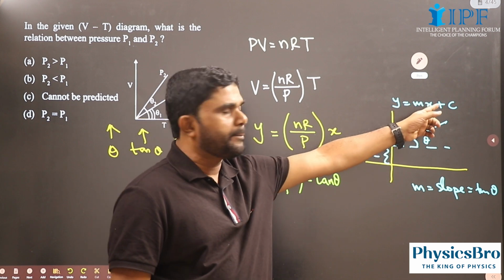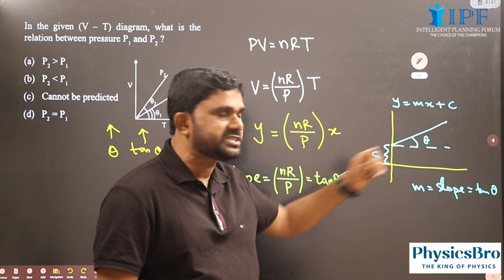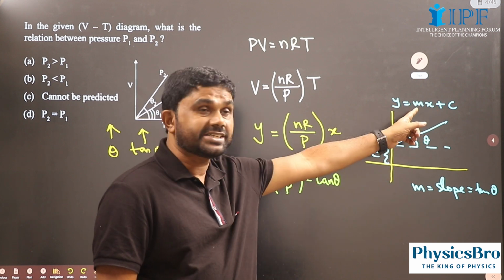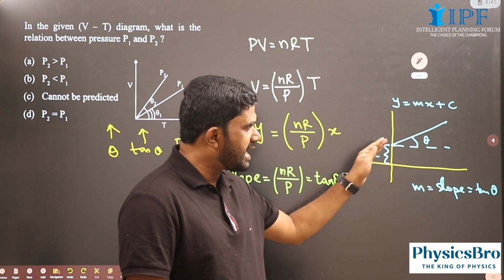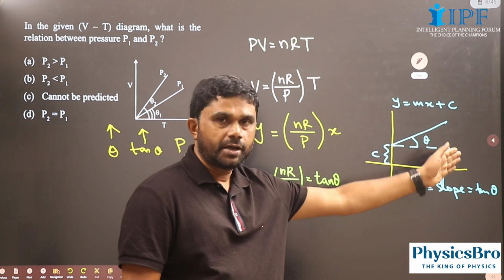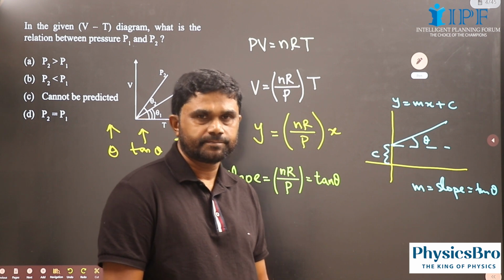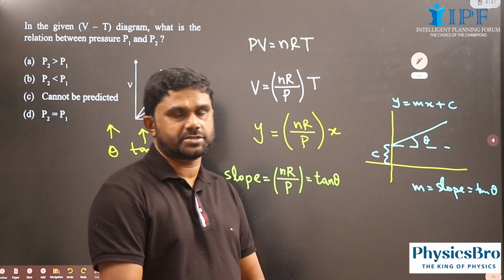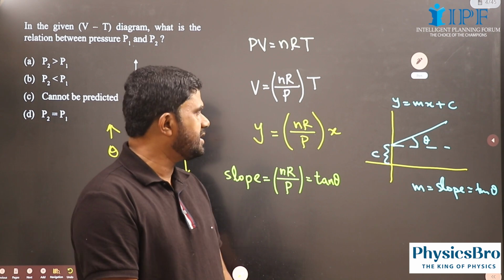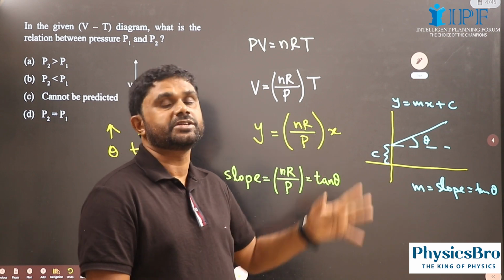See, y equals mx plus c is the equation of this line, where m is the slope of the line and it is equal to tan theta, where theta is the angle made by the straight line with the positive direction of x-axis. Okay, and this c is the y-intercept. Here we have 0, so y-intercept is 0.